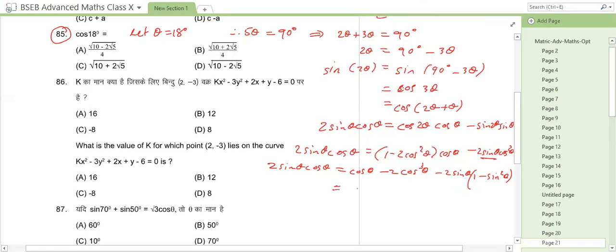Okay, it should be cos squared theta in here. Let's just leave this as it is.